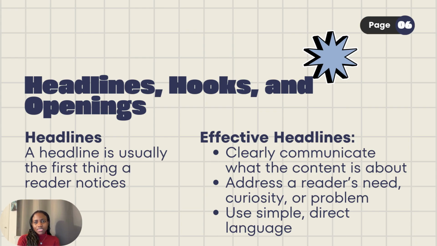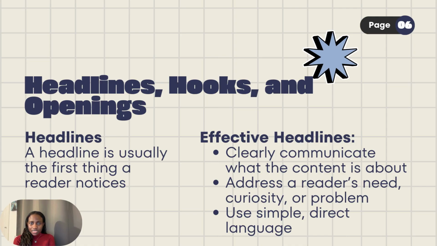When it comes to creating attention grabbing content, we need to think about these three important things: headlines, hooks, and openings. Let's start with headlines. Headlines are usually the first thing a reader notices. For instance, headlines, hooks, and openings. That is an example of a headline. It's something that stands out to your reader, and an effective headline needs to communicate clearly what your content is about.